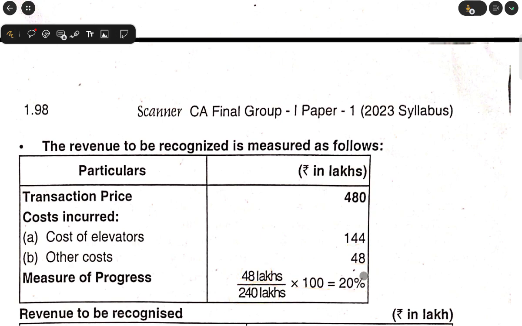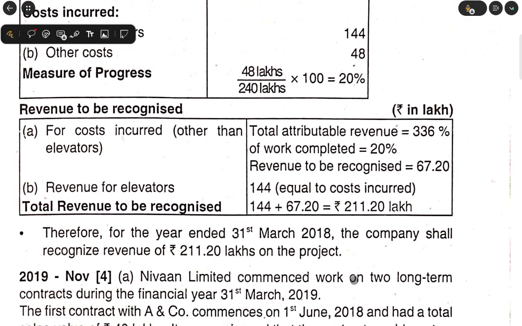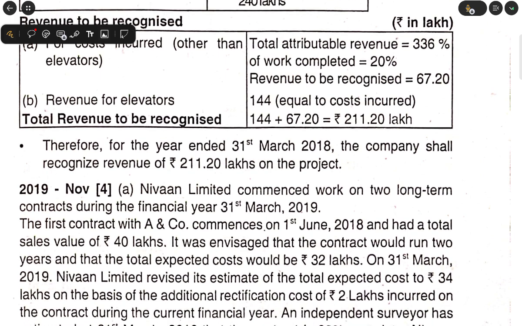Revenue to be recognized is 67 lakhs. Revenue for the elevator equals the cost, 144, plus 67, which is about 211. Therefore, in the year ended 31st March, the company shall recognize revenue of 211.2 lakhs on the project.